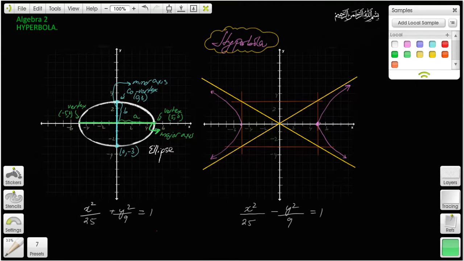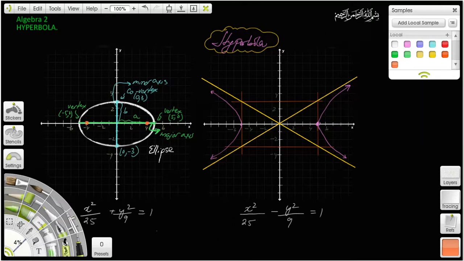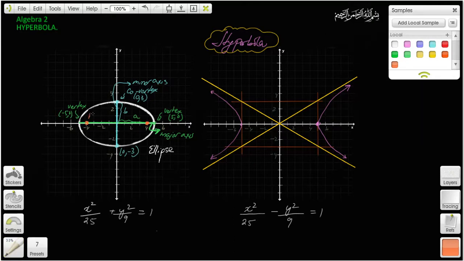Okay, and then also, if you recall, an ellipse had foci. Here's one foci, and here's the second foci. It has two foci, and that's what is used to define the ellipse. Okay, and the distance from the center to the foci, that was C, and the relationship between A and B and C was like this.